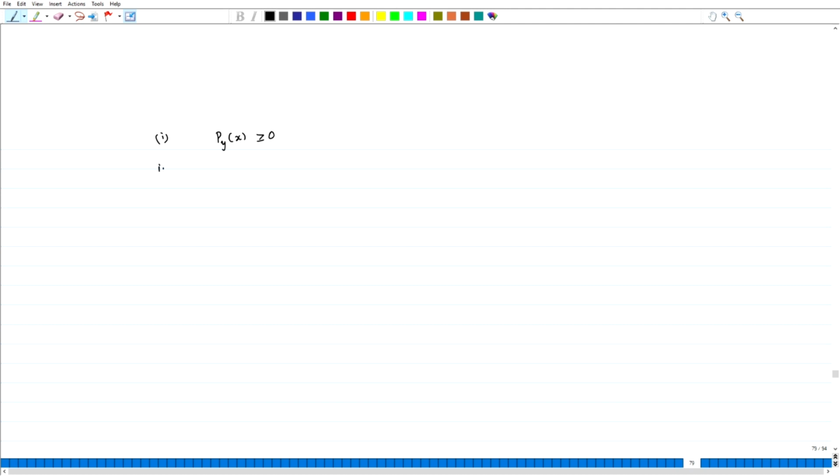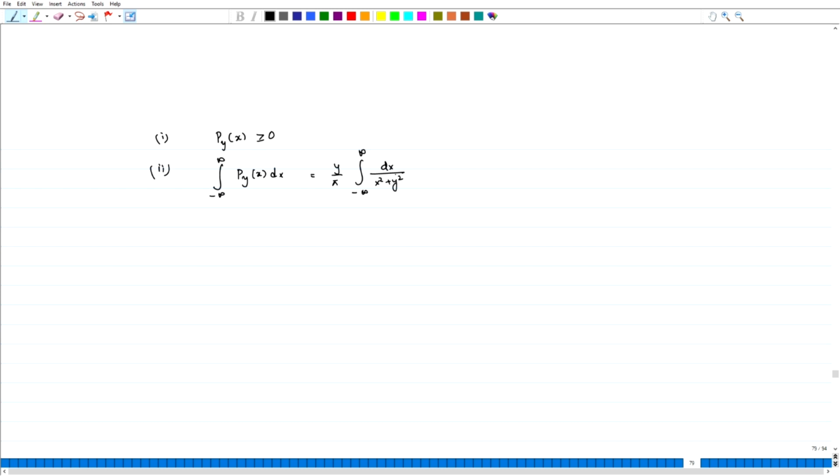Now, the second one is that if we compute the integral from minus infinity to infinity of P_y(x) dx, this is equal to y by pi, which we can take out, times the integral of dx by x square plus y square.